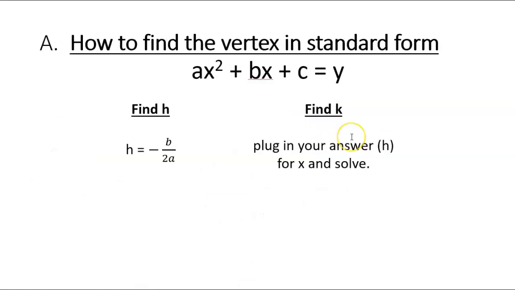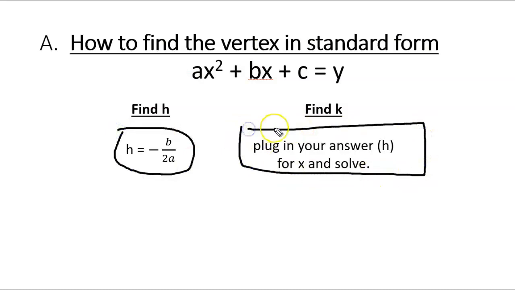Now that we have a formula, we don't have to go through that whole process anymore to find the x value, or the vertex. To find the vertex in standard form, we can just use the formula to find our h, and then plug that in to find our k. So when you have a quadratic equation in standard form, you plug the b and the a into this formula, and the answer you get is the x value of your vertex.